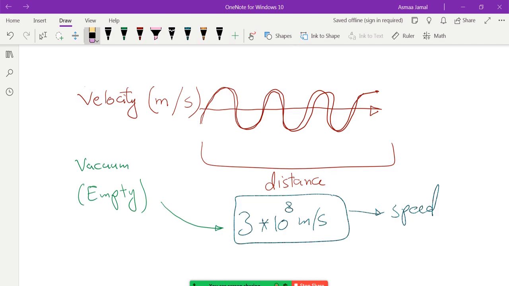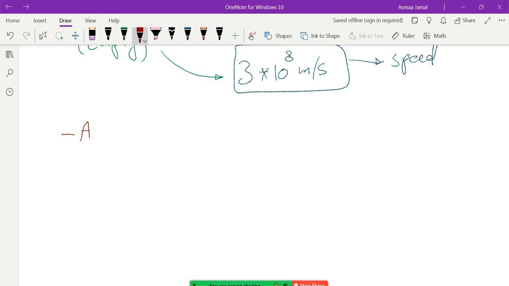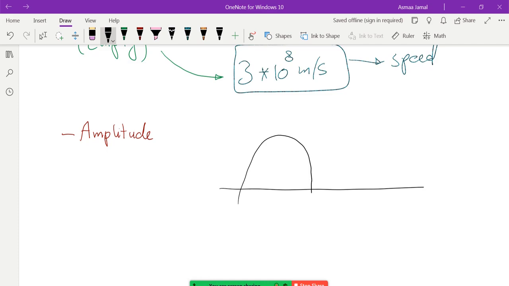We also have the amplitude, which is the maximum displacement of the vibration of the waves. We have the peak and we have the trough. Amplitude is the maximum displacement that the wave can reach. It could be positive at the peak or negative at the trough.